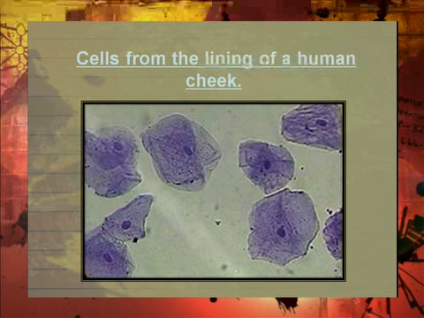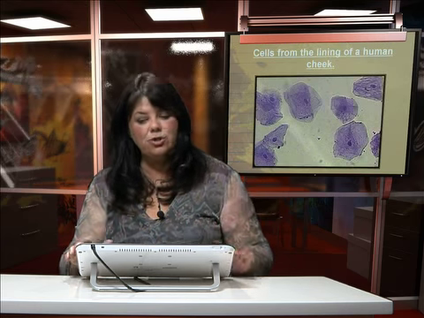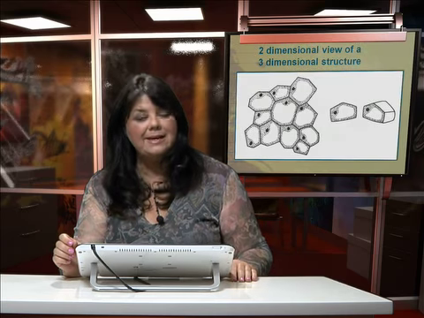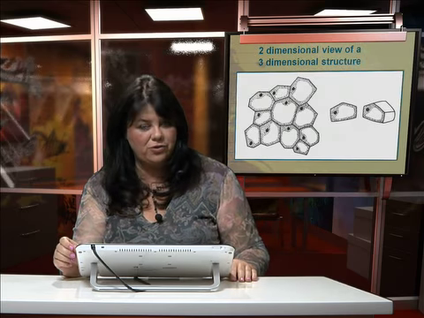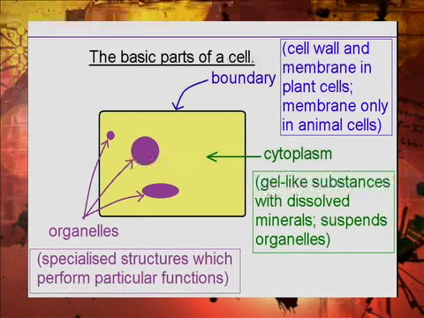Now, what we need to remember when we're looking at a picture like this is that we're looking at a flat two-dimensional picture, but in fact the cell is a three-dimensional structure. Don't lose sight of that. The basic parts of the cell, well, we've already mentioned some of these. The cell has a boundary around the outside.